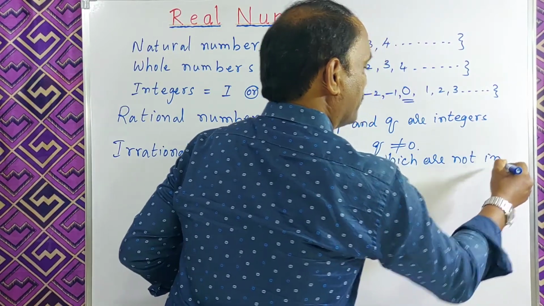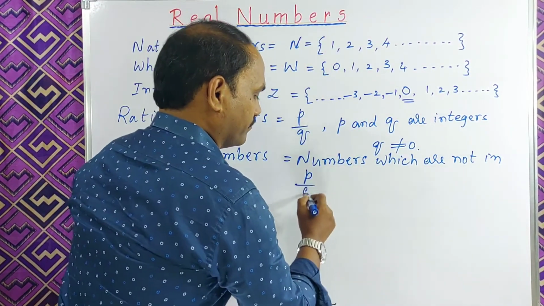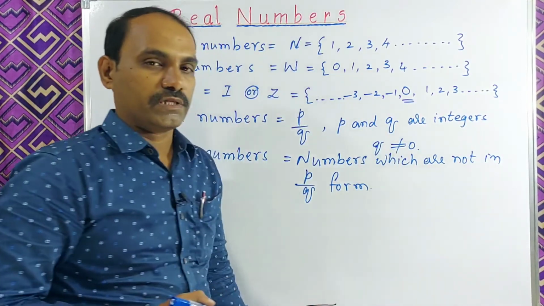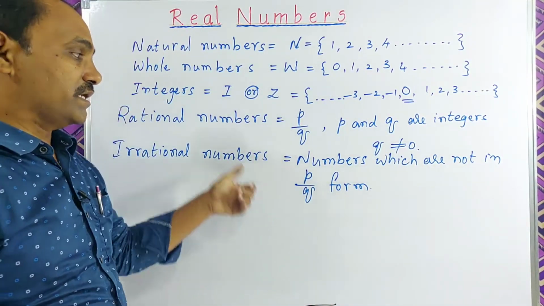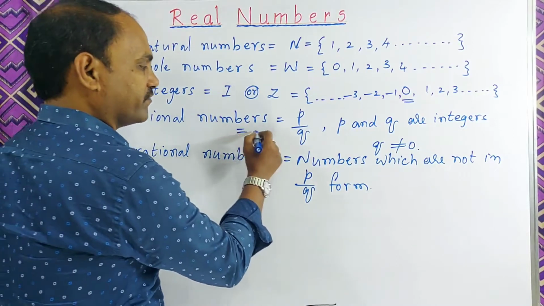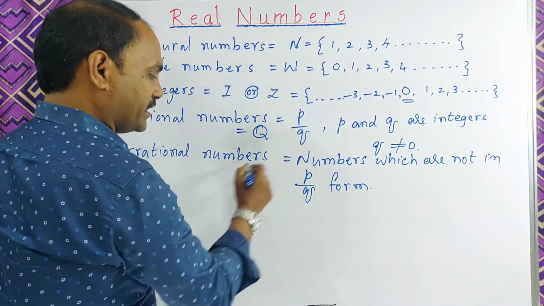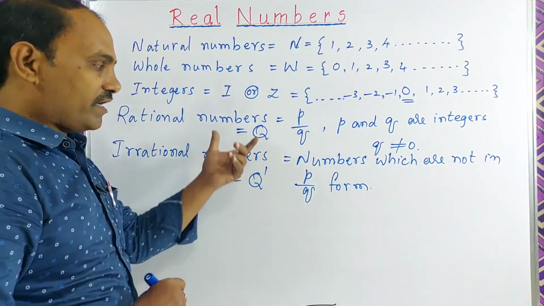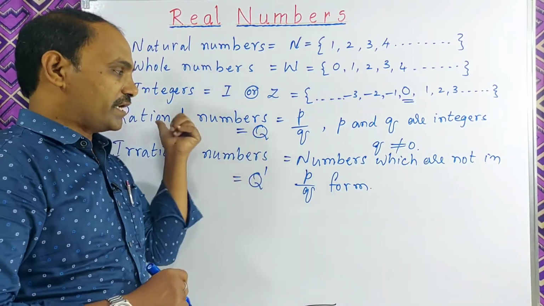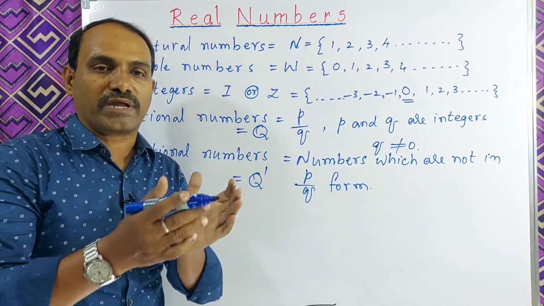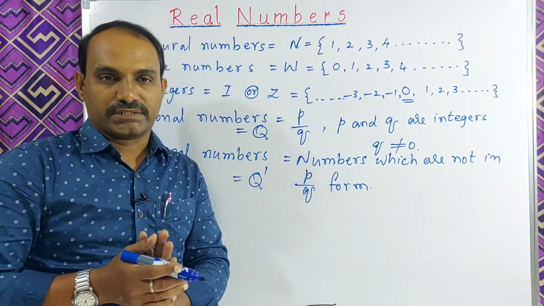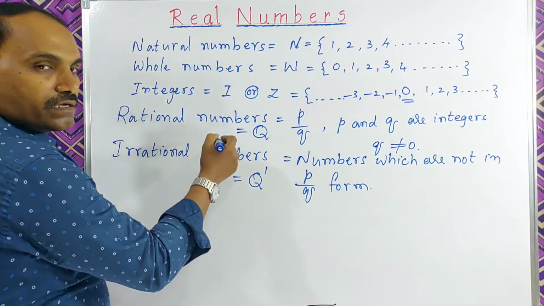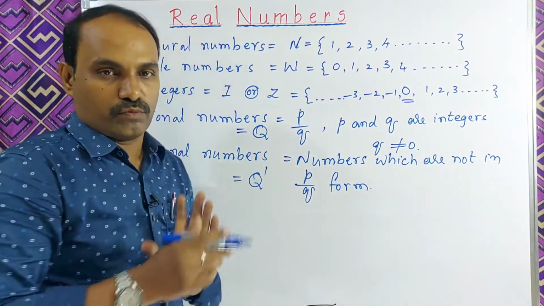Rational numbers are indicated with Q and irrational numbers are indicated with Q dash. Why Q? Q means quotient, rational numbers are also known as quotient numbers. That's why they are indicated with Q.